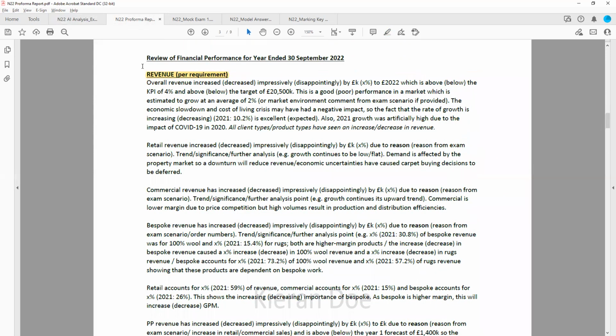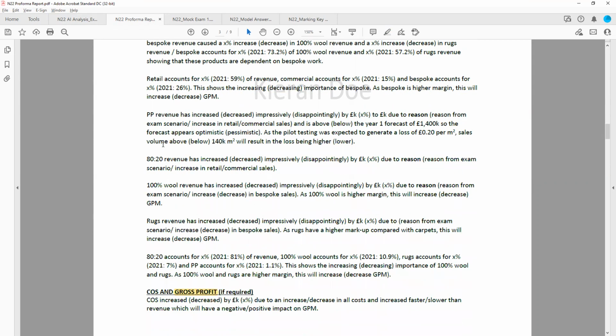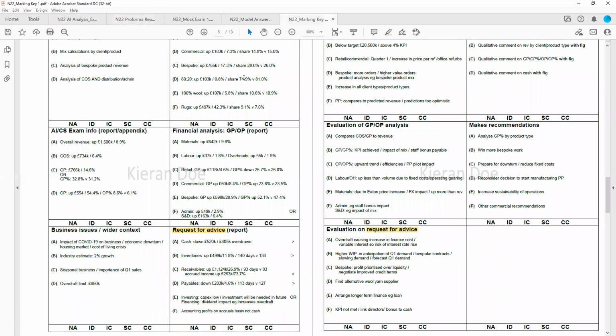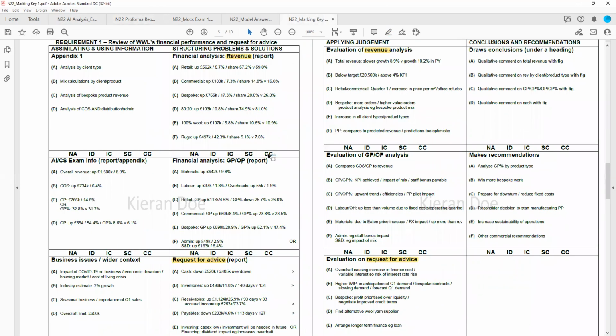And with revenue as well, that's only 2 boxes there as well. So having all of this is going to be too much. Remember that once you get 4 points in a box, you get the highest mark. There is no more to be achieved by having more points than 4.